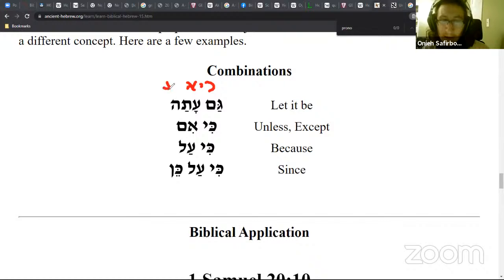So then it becomes ki-a-o, ki-a-o. And this also is pronounced the same way. It's pronounced kia-o, because they flow together. And that's why the aleph is written in the Dead Sea Scrolls, because they're just writing the way they're pronouncing it.